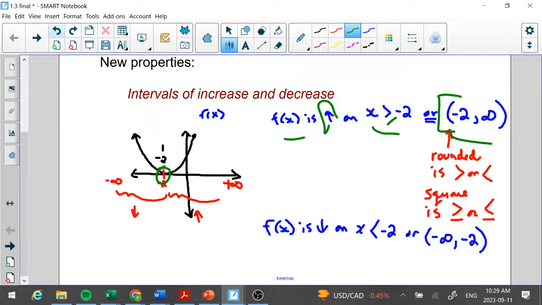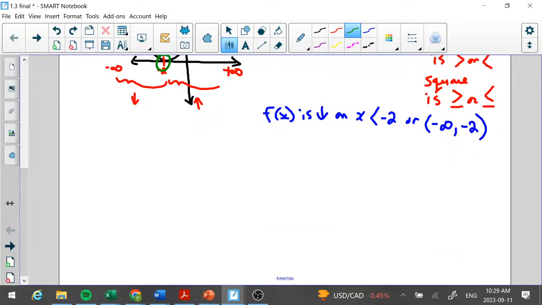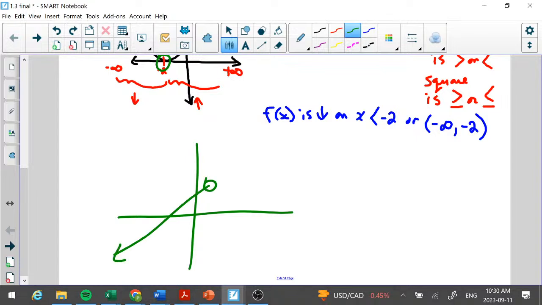So, for example, if I were to draw for you a piecewise function, so here's your piecewise function. This one here, like that, okay? And then I might go like this.